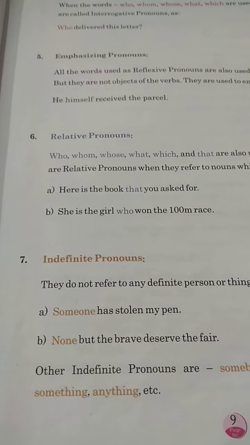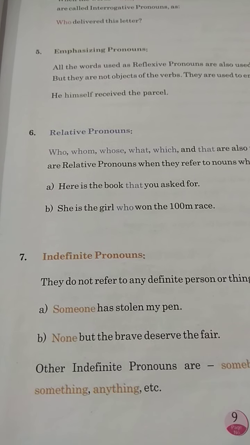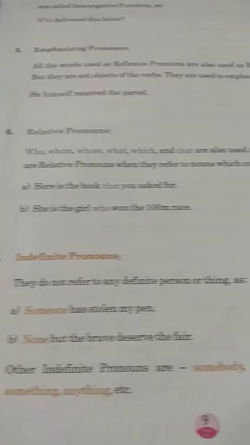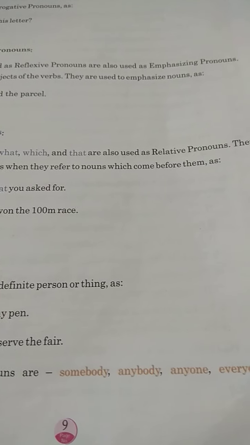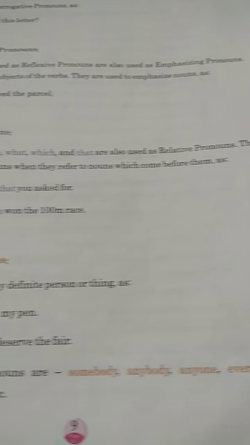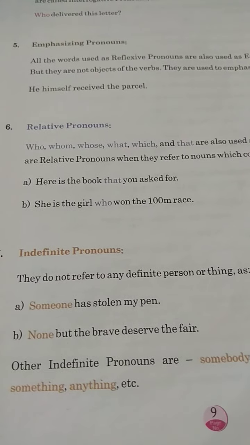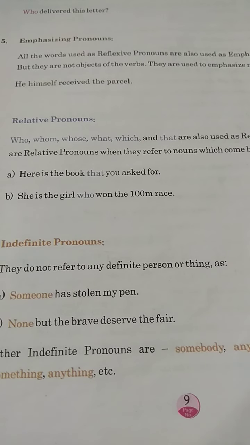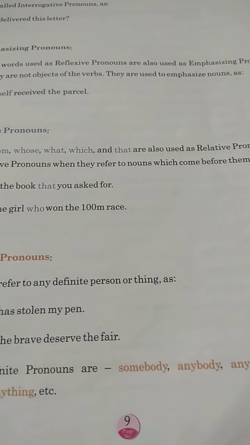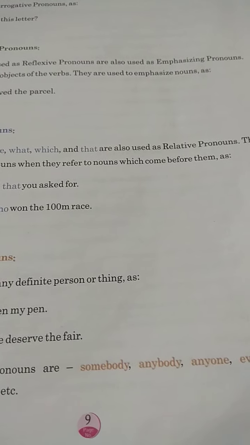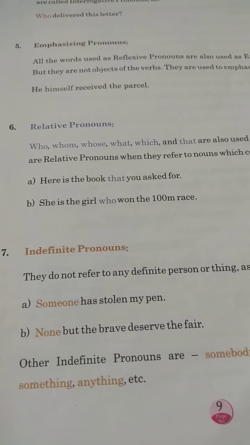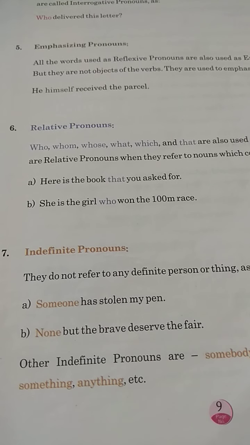Now, relative pronoun. Who, whom, whose, what, which, and that are also used as relative pronouns. They are relative pronouns when they refer to nouns which come before them, as in: here is the book that you asked for.